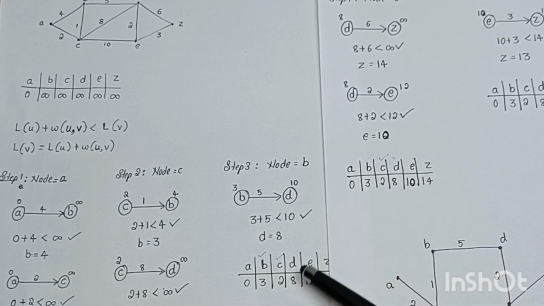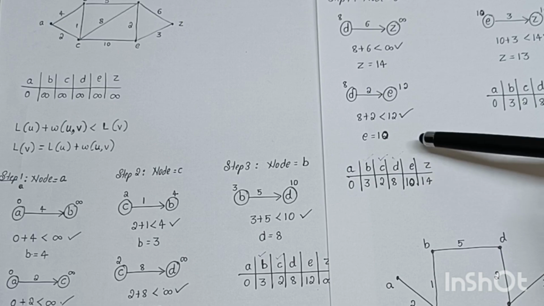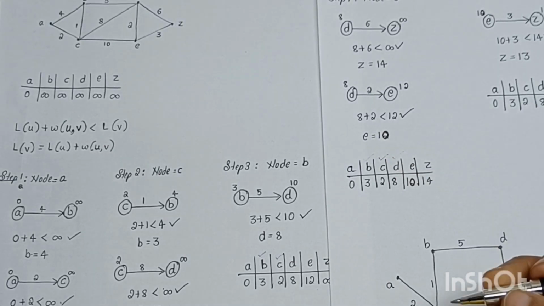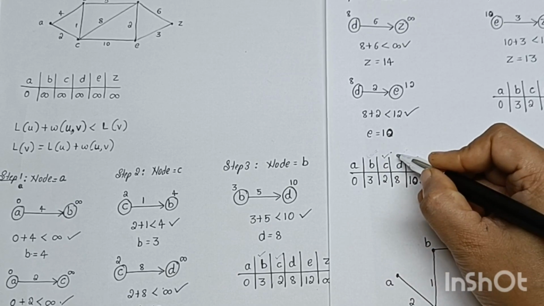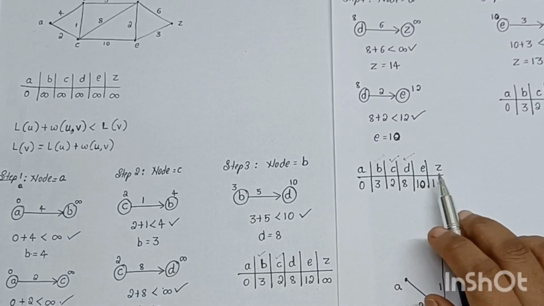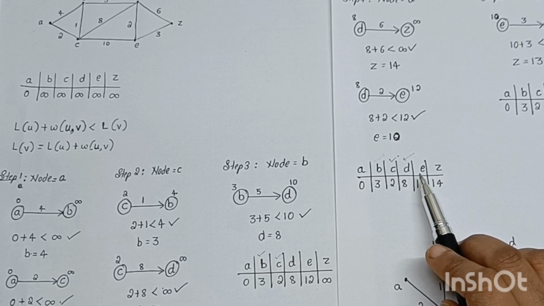Now again update the table with the value Z equals 14, E equals 10. Now you have already selected B, C, D. So the next least value you have is the node with 10.